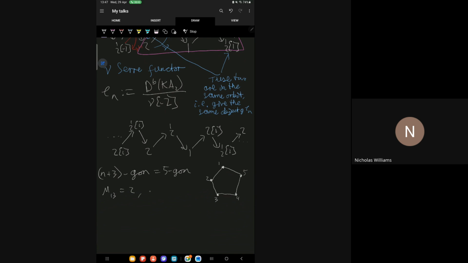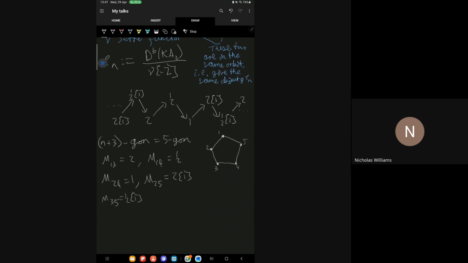So M13 can be 2, M24 can be 1, 4. Can be 1, 2, 2, 4 can be 1, and 2, 5 can be 2 shifted by 1, and then finally 3, 5 is 1, 2 shifted by 1.